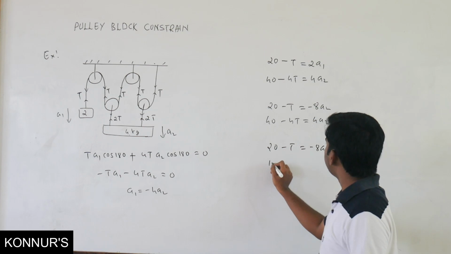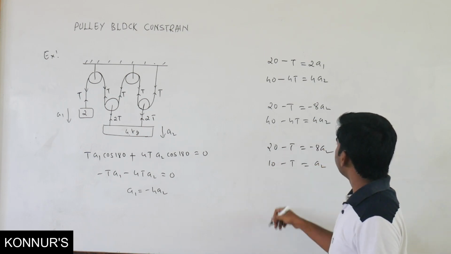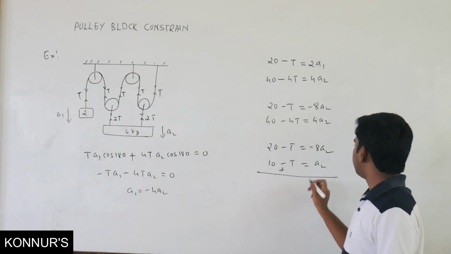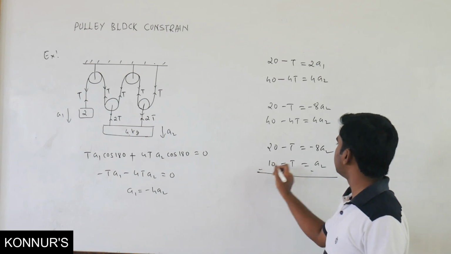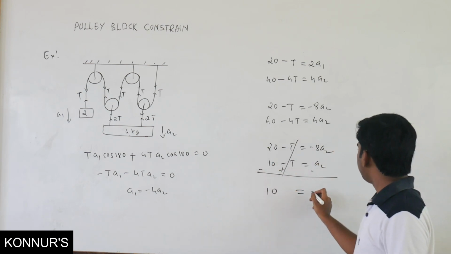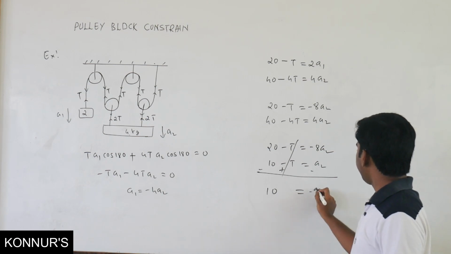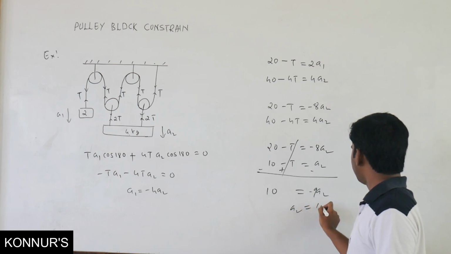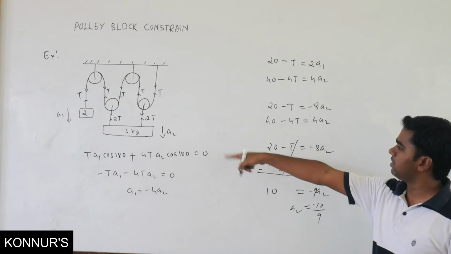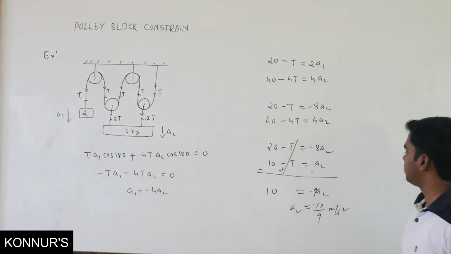So this will become 10 minus T equals a2. If you solve these equations, this will become plus, this will become minus, so 10 equals minus 9a2, so a2 is equal to 10 by 9. Don't worry about the negative sign, it shows the direction. The unit is meter per second square.